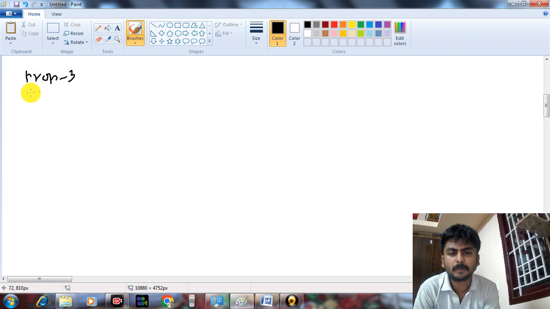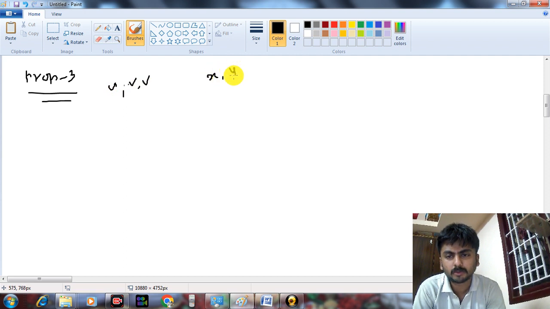By this we have our clear property, that is dependent functions of independent variables. So the statement is, you have to write: if u comma v comma w are functionally dependent functions of three independent variables x, y, z, then these are dependent variables, these are independent variables, and these three are functionally dependent functions.